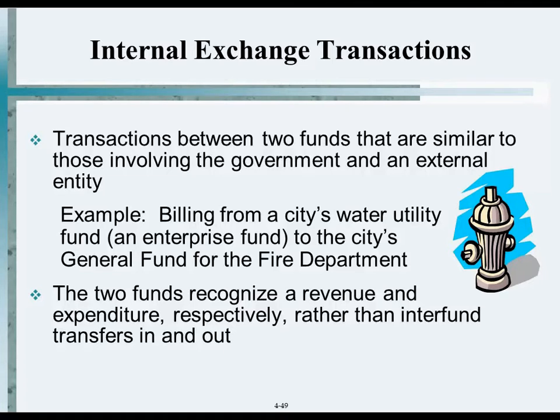When it's within the governmental fund area, it's called Intra. If it's between the governmental funds and proprietary funds, it's called what? Inter. So don't get confused. Intra as opposed to inter. And we'll look at that now.